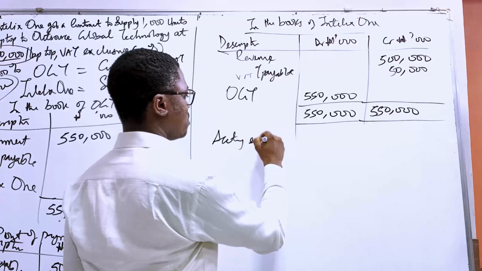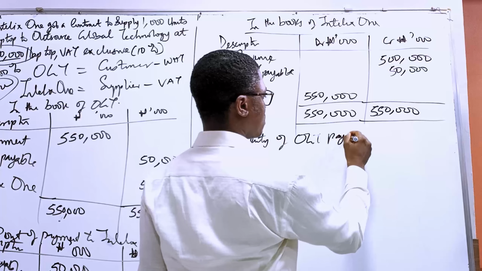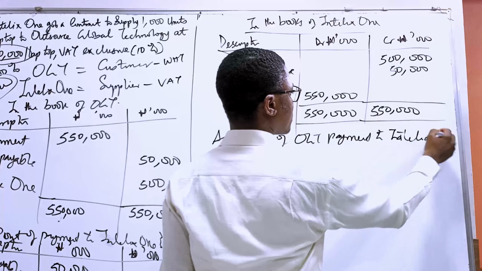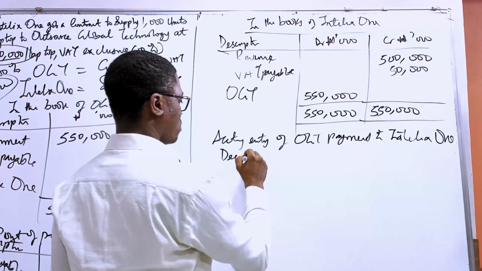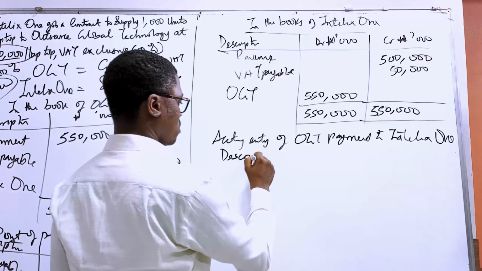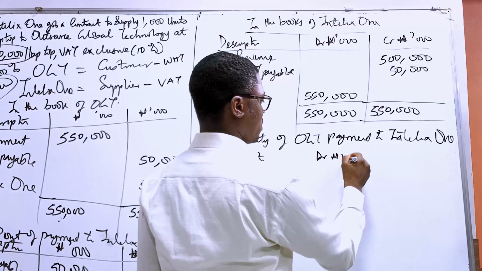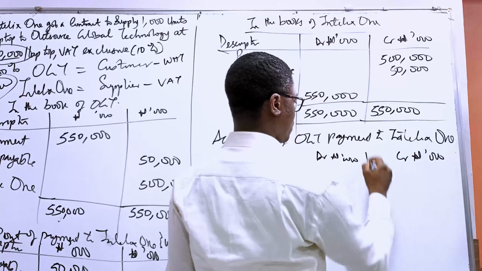Accounting entry of OGT payment to Intellix One. Let's go. We have our description, we have our debit in million, we have our credit in million.